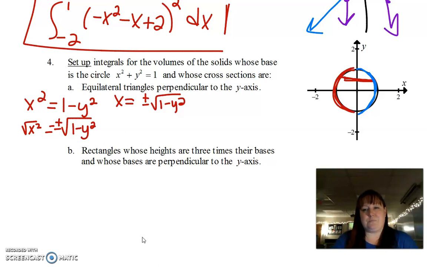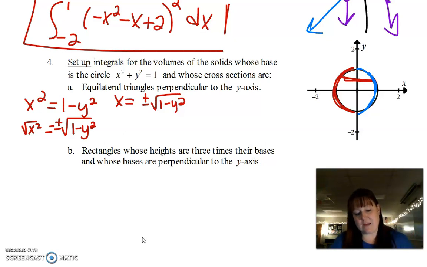It's hard to picture, I know, but the plus square root of 1 minus y squared is the blue, and the other one is the red. So the question is, what is the actual distance between those two? What is the side length of our equilateral triangle? Well, it would be the right minus the left.